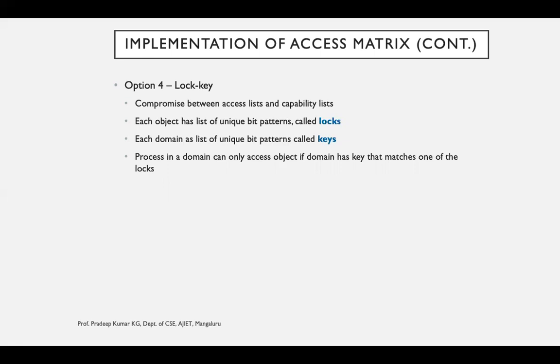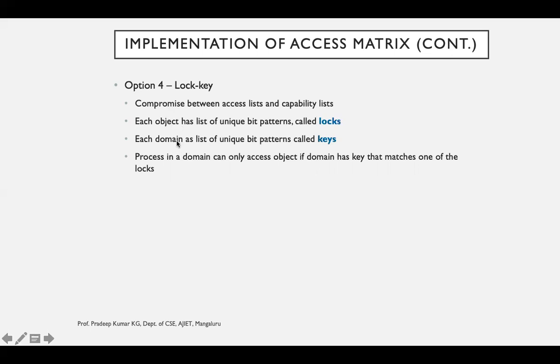Please go check this third point. Each object has a list of unique bit patterns, that is called locks. Next point, each domain has a list of unique patterns called keys. So now, how to deal with this lock key concept is, as a pair, each object in the form of locks is assigned to particular domains, saying that only a few domains can access a few objects, or all the objects are assigned to all the domains.